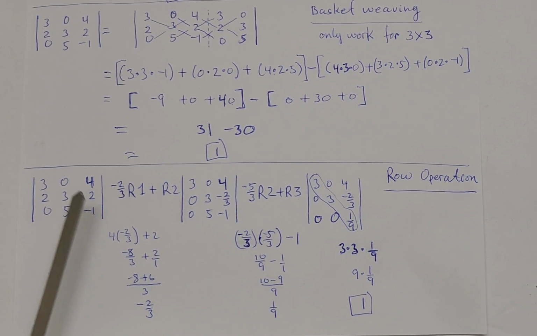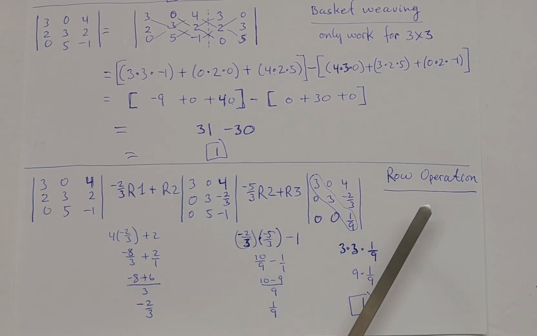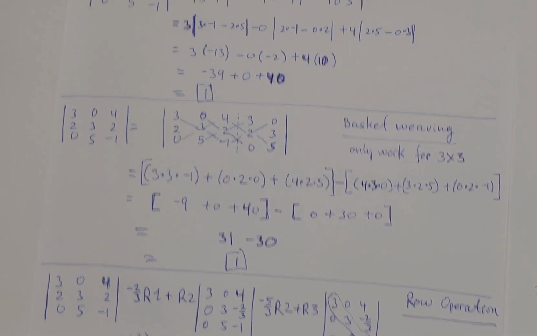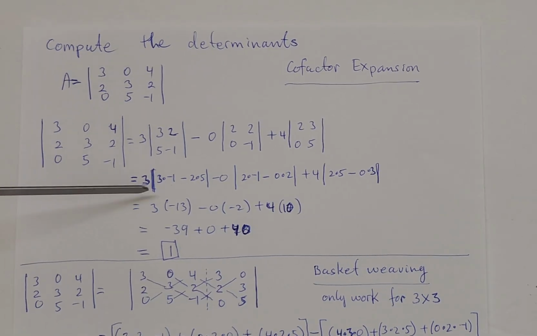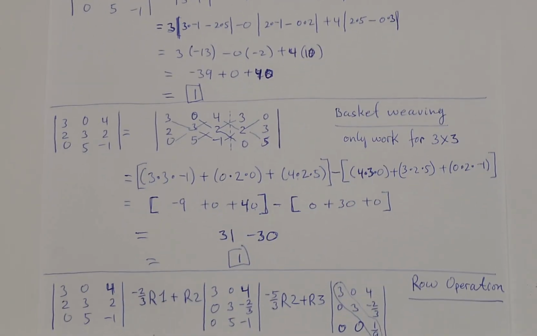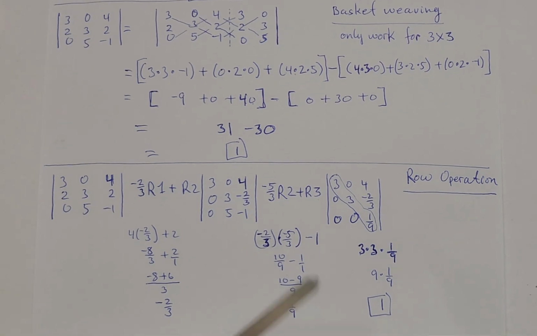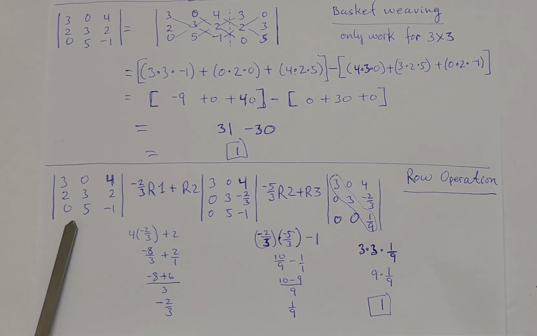One more time, anything bigger than 3 by 3, the best way is to use row operation, because it's a much better method than using cofactor and basket weaving. Okay, so again, row operation would be the best method for 3 by 3 and anything from 3 by 3 and up.